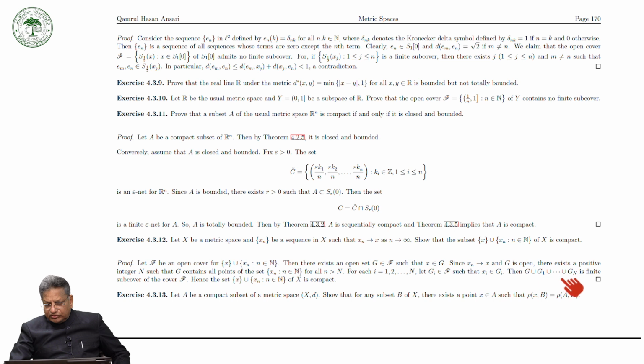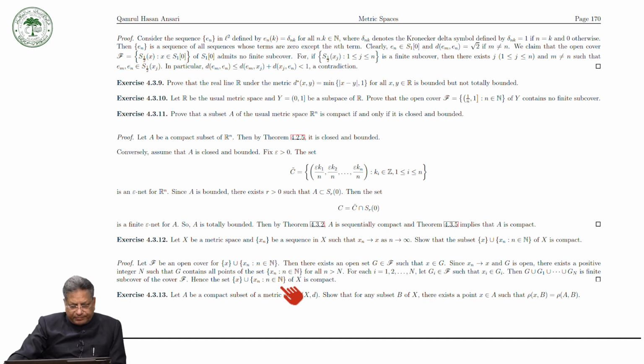Then G union G1, G2, up to GN is a finite subcover of the cover F, and hence this set is compact. So this way we can prove that the set is compact.